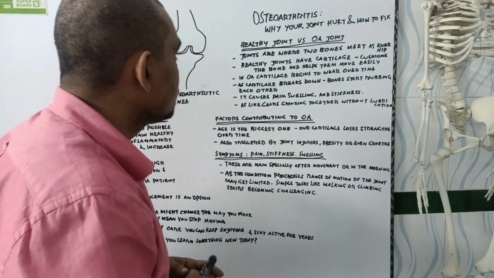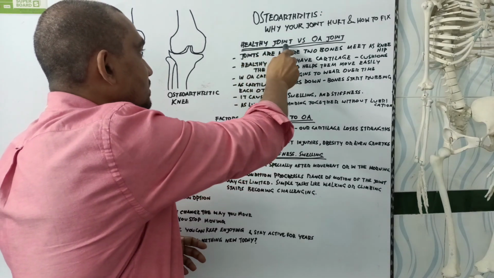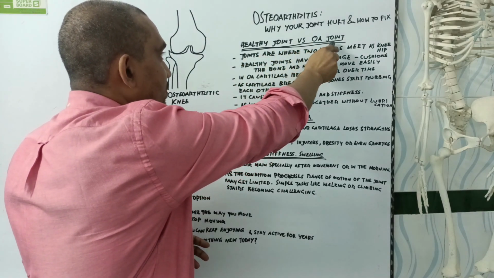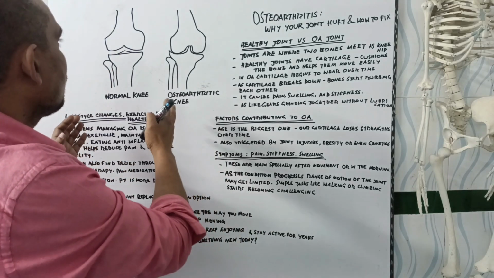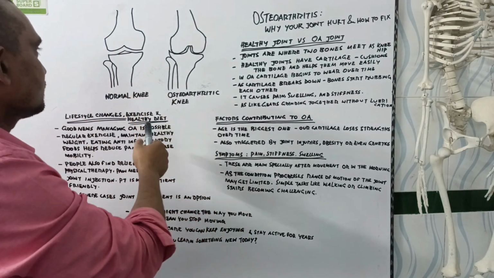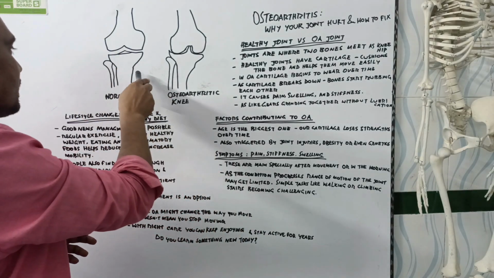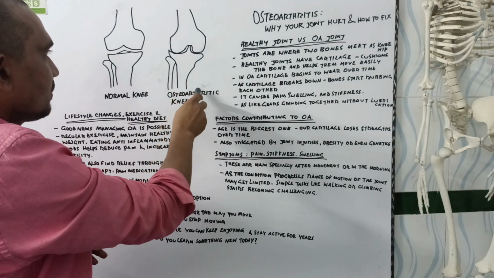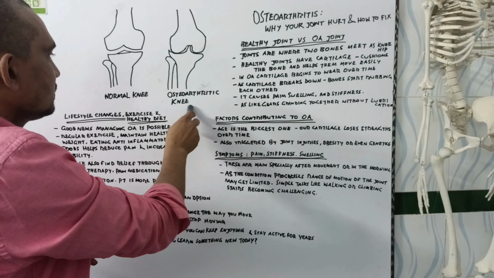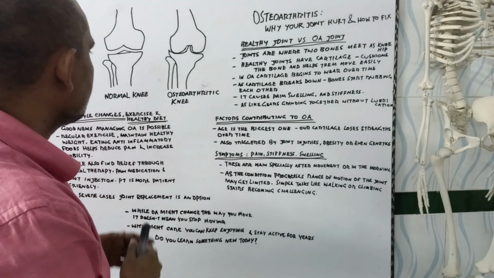First, let's come to the point: healthy joint versus osteoarthritic joint. Here we find a picture that demonstrates a normal joint and an osteoarthritic knee joint. That is the normal joint.